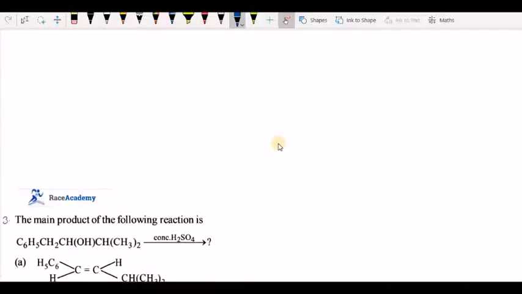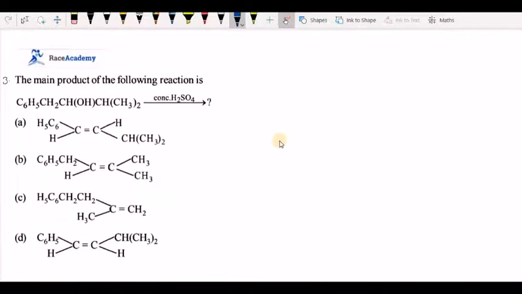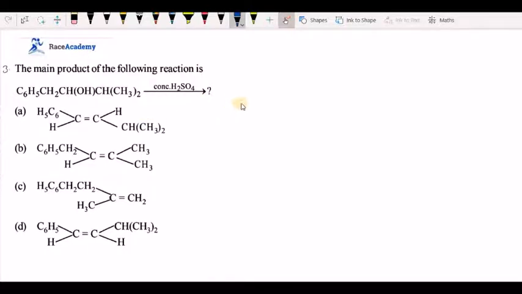Let us move to the next question. The main product of the following reaction is, if you observe the reaction, over the arrow they have given concentrated H2SO4. That means if you write it, C6H5 CH2 CHOH, again something like CH3, it's like this.